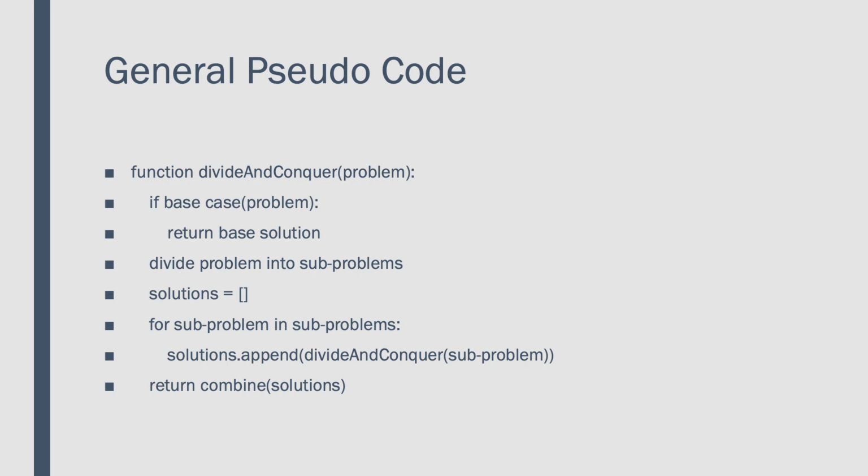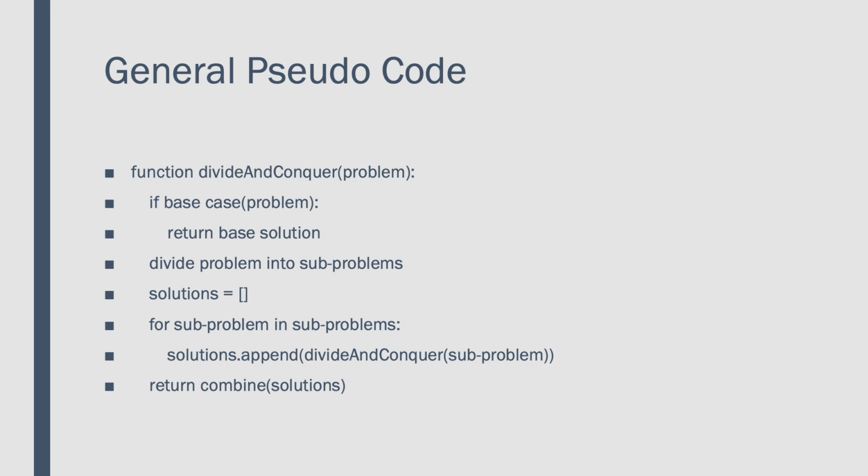This line means we are breaking the main problem into smaller subproblems of the same type. Then third, we recursively solve subproblems. Solve each subproblem using the same divide and conquer approach. And then combine the solutions. After solving the subproblems, merge or combine the results to form the final solution.